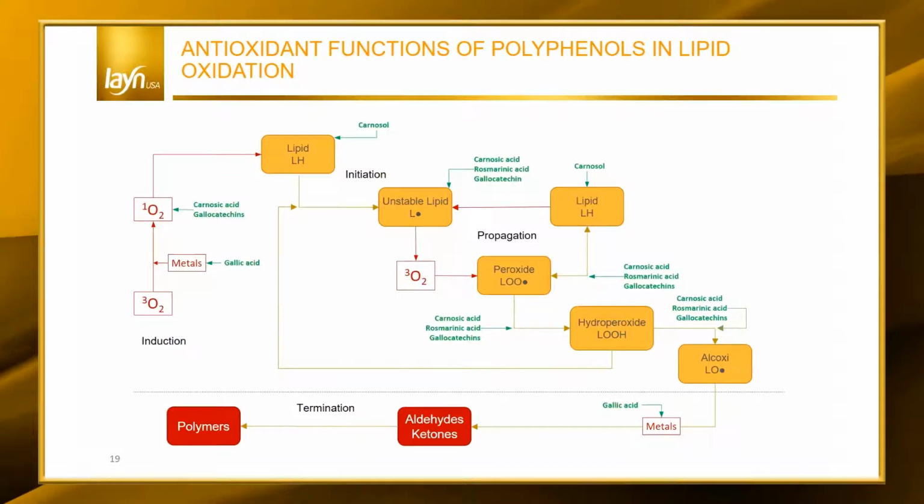But also carnosic acid and gallocatechins are singlet oxygen quenchers. Then they avoid the singlet oxygen interacting with lipids and degrading those. We see that also carnosic, rosmarinic, and gallocatechins are free radical scavengers. They capture those free radicals and avoid their impact in the radicalary reaction.